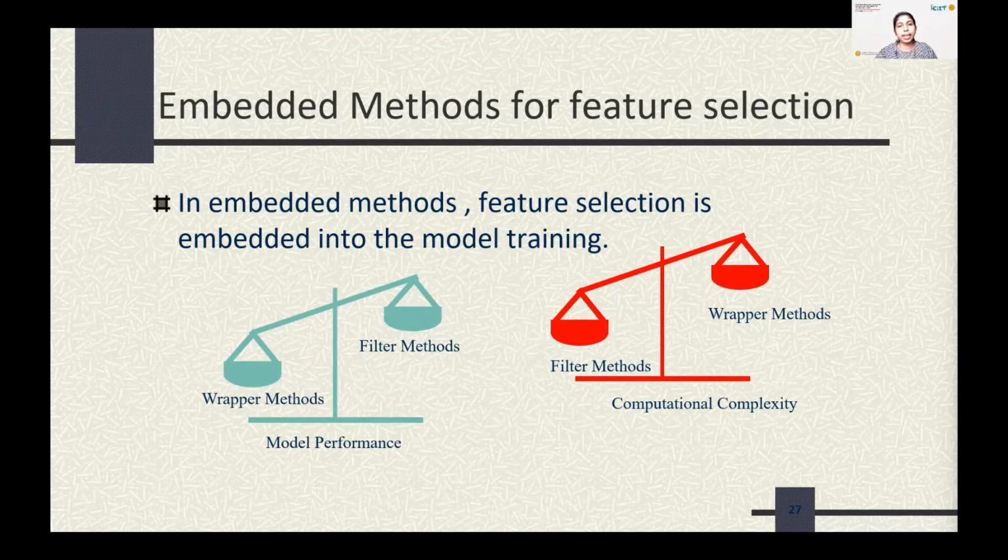As was highlighted by Dr. Chamila as well, if you want to weight them considering two different metrics, model performance and computational complexity, what you would see is, if we are looking at model performance or accuracy, the wrapper methods can probably give us higher accuracy compared to filter methods.